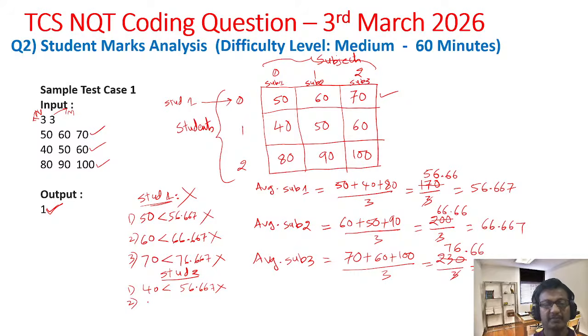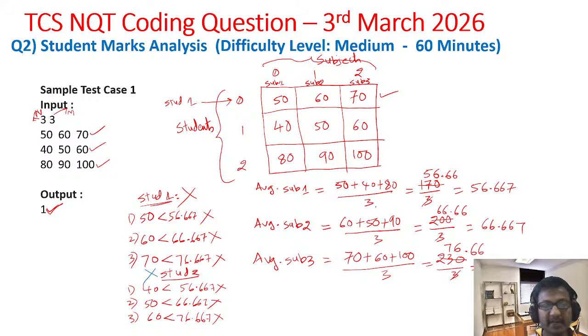In the second subject his marks are 50, which is less than 66.667, so in the second subject also he failed. The third subject marks are 60, which is less than 76.667, so here also he failed. So we can declare that student 2 has also failed.